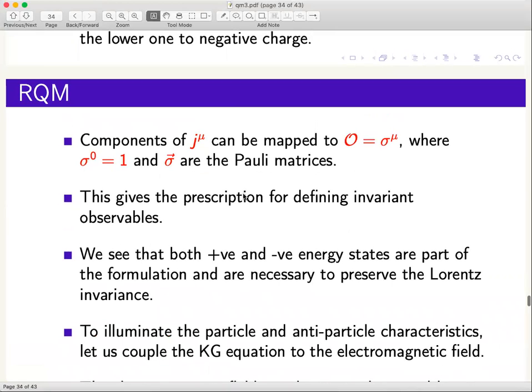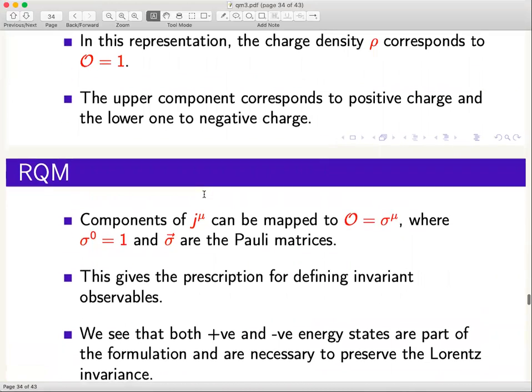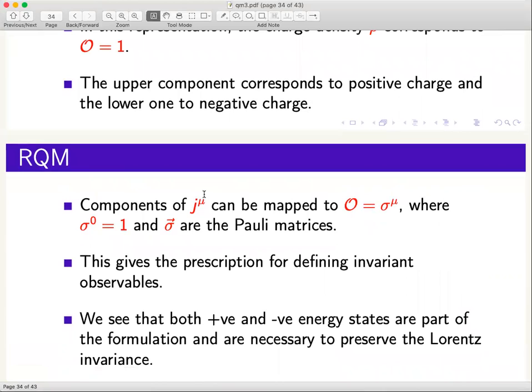Okay, but the thing is that the original positive and negative energy states, which are defined in terms of eta and chi, are both required in the process of diagonalization, and both eta tilde and chi tilde are some kind of linear combinations of the original eta and chi.